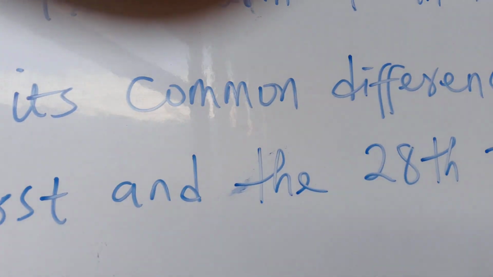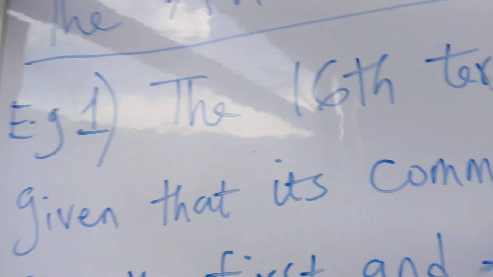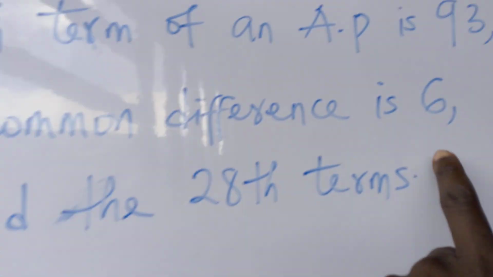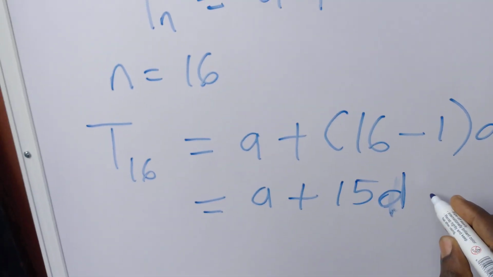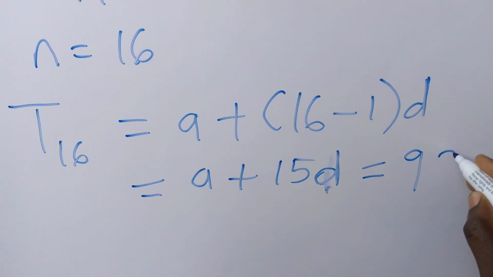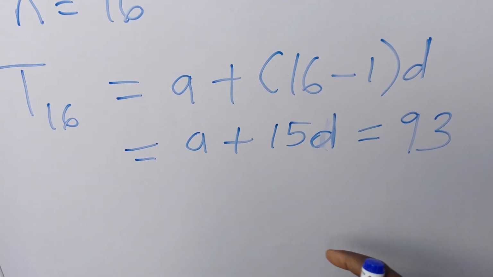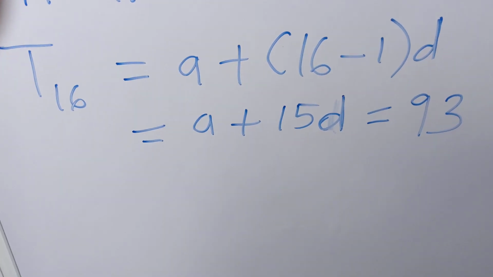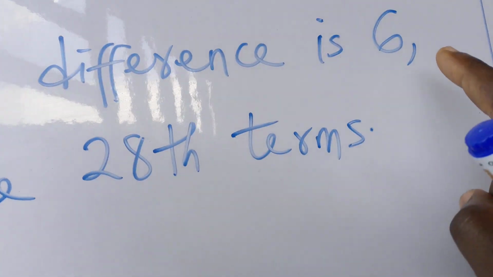And then we are also told that the 16th term is equal to 93. So you equate this to 93. You're having a plus 15d equal to 93. Now, we're also given the common difference as 6.